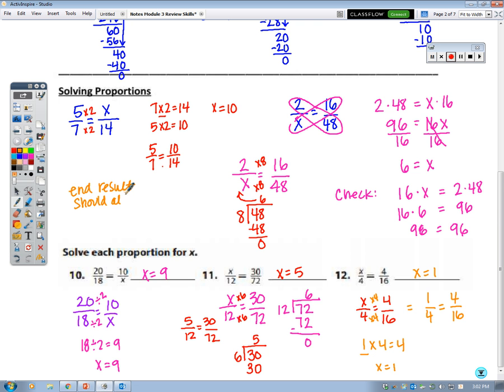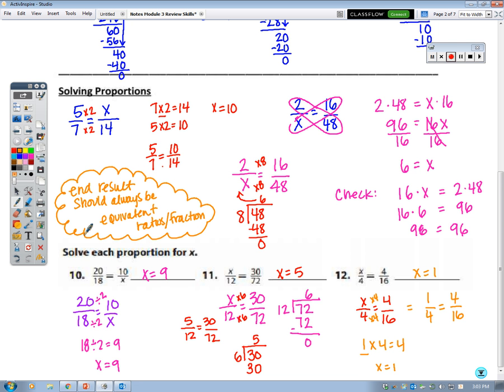If they're not equivalent ratios, if they're not equal fractions, go back and check. The end result should always be equivalent ratios, or you can also think of them as equivalent fractions. That should be what you're solving for.